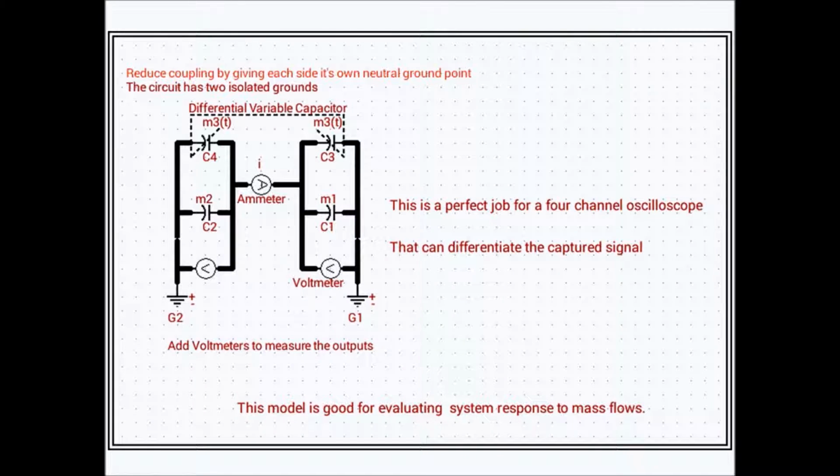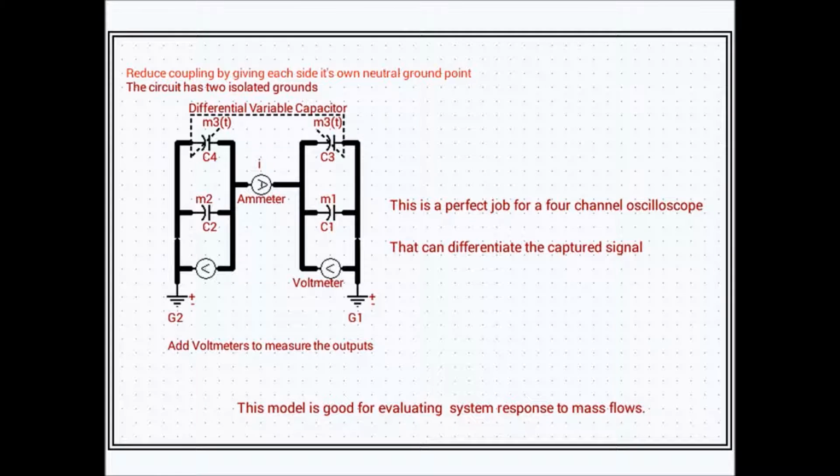And these voltmeters and this ammeter capture the changes as they go along. If you're using an oscilloscope, it will record this in the time domain, and you'll get waveforms that you can analyze.